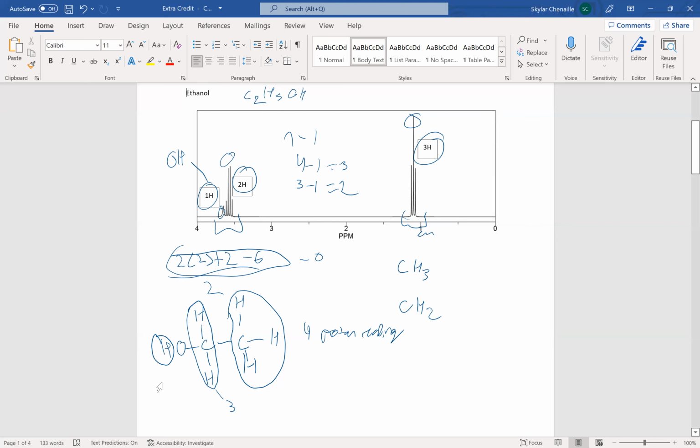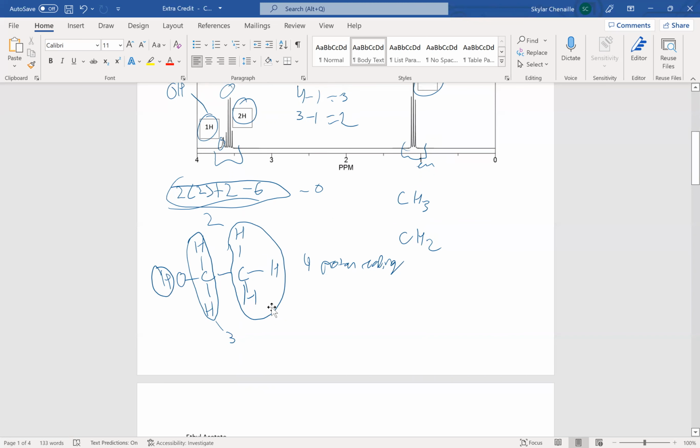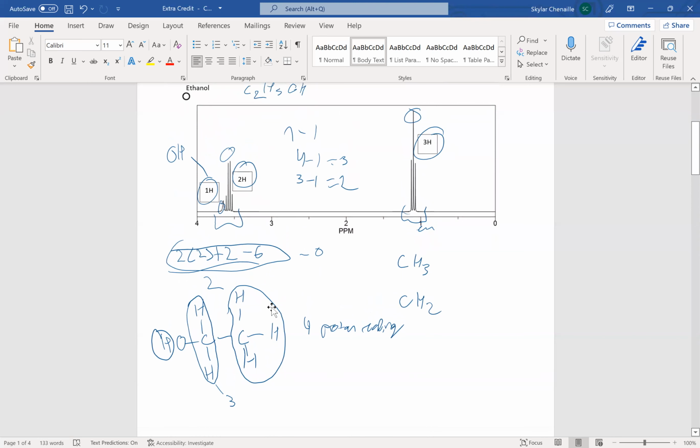This hydrogen is further downfield right here because of this oxygen. This oxygen is very electronegative, and usually when things are close to something electronegative, they're going to be pushed further downfield, which is also why the carbon neighboring this one gave off this reading further past this way.